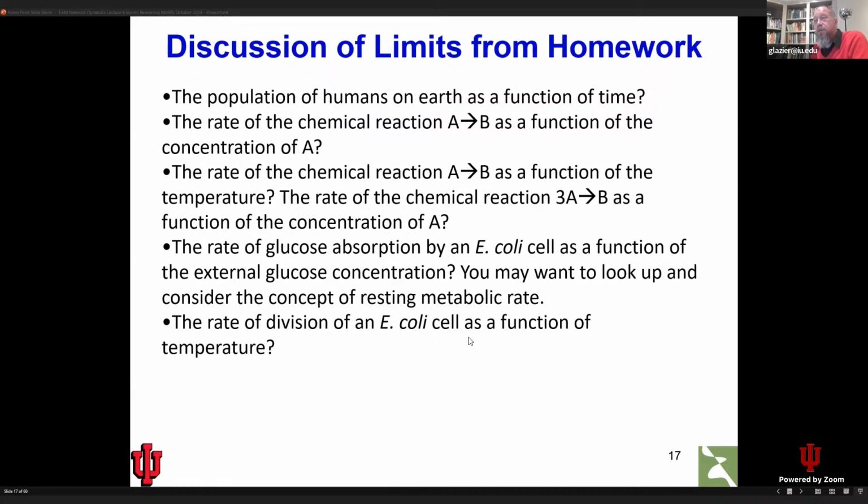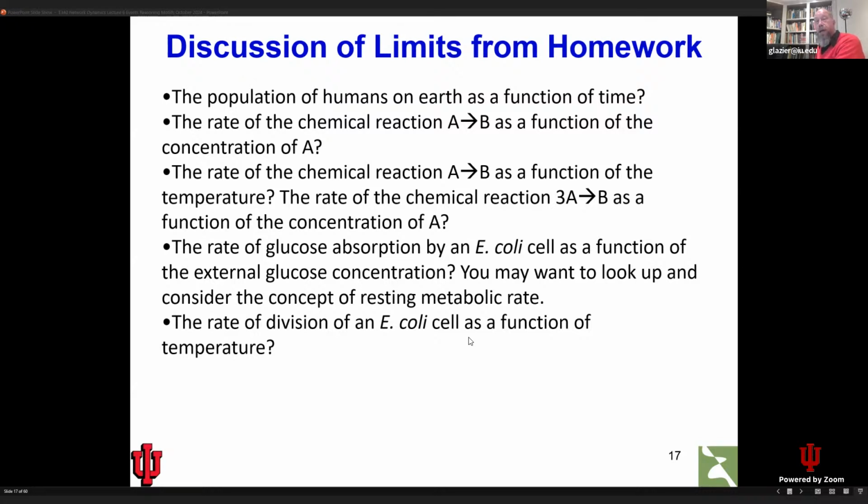So what about the rate of chemical reaction A goes to B as a function of the temperature? I think in your homework you said, well, you expect that the rate of reaction will increase as the temperature goes up. And that makes sense, especially if it's an endothermic reaction, then it's an activated reaction, and therefore the rate of reaction will go up a lot faster when you increase the temperature.